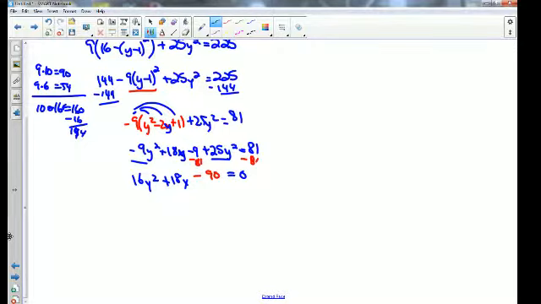How many times is 6 in 16? 16 divided by 6 is not a whole number. Okay, I am going to use the quadratic formula.